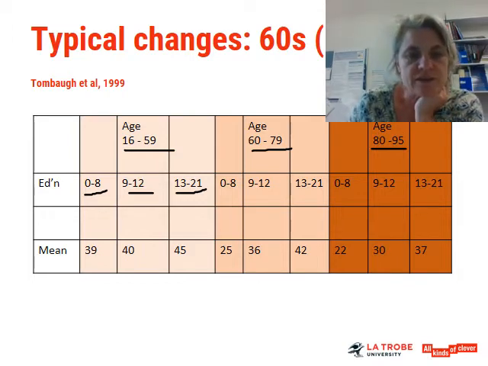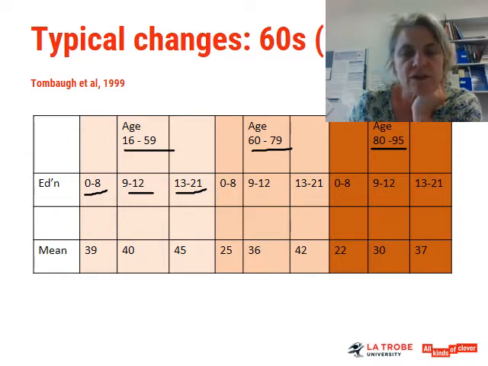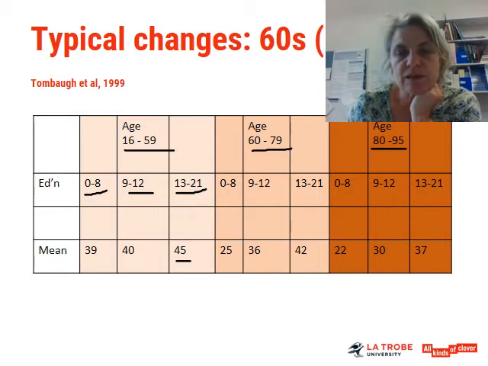Hopefully you've noticed that depending on someone's education, the more education they've got, the higher their verbal fluency. It's particularly marked as people get older. So for example, the people who are between 80 and 95, if they've only had 0 to 8 years of education, can come up with about 22 words in total.